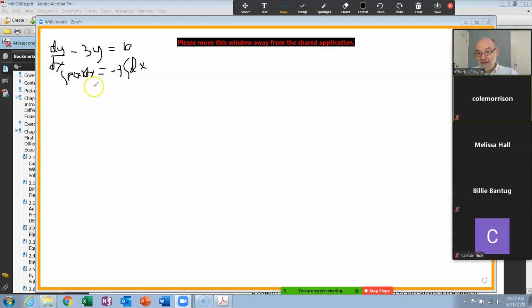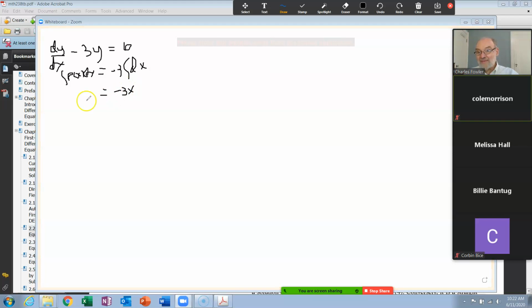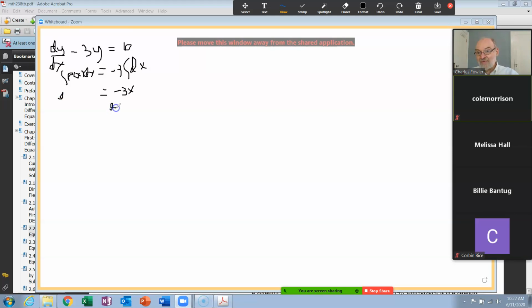And when you integrate that, you find it's equal to minus 3x. Don't ever put a constant with this, just minus 3x. Same as before. And what do we do with that? We e it, okay? We do the e of it. That becomes our integrating factor, the mu.